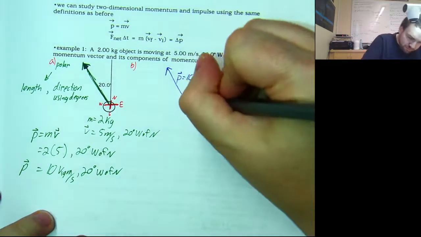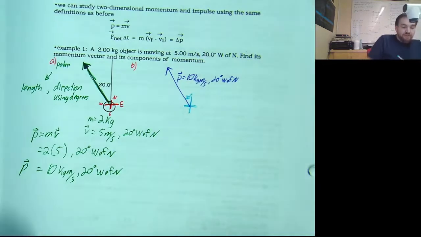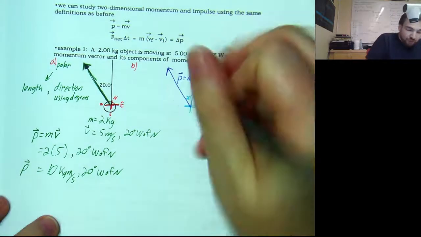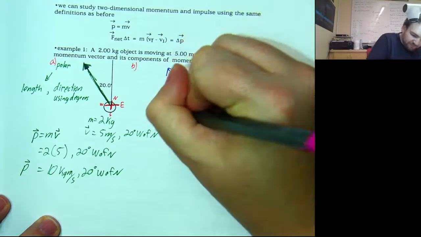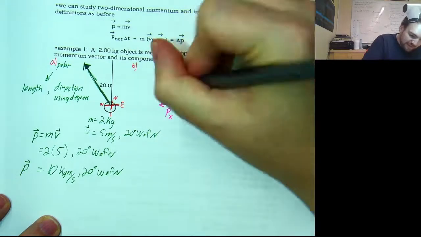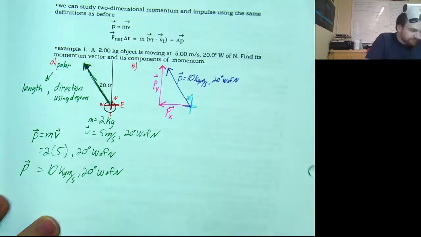So that there is 20 degrees. For the sake of my picture and to help you guys review some stuff, I'm going to draw this as my component triangle. We're going to start at the base here, and I'm going to go to the left. I'm going to have my px component first, and this is going to be my py component.